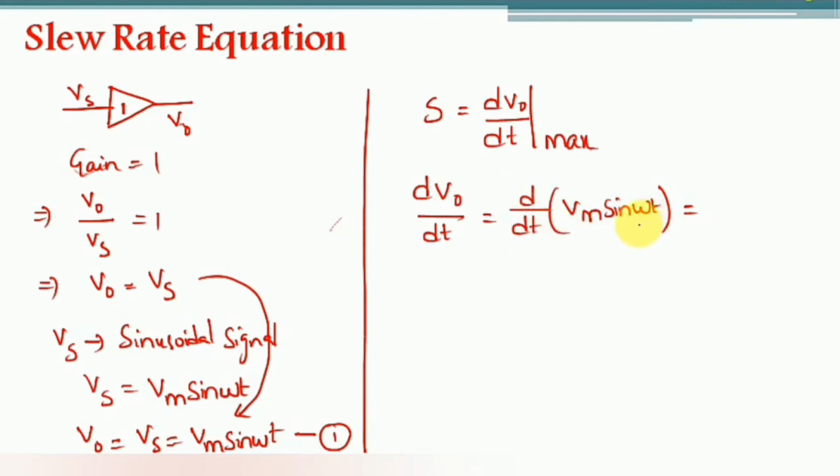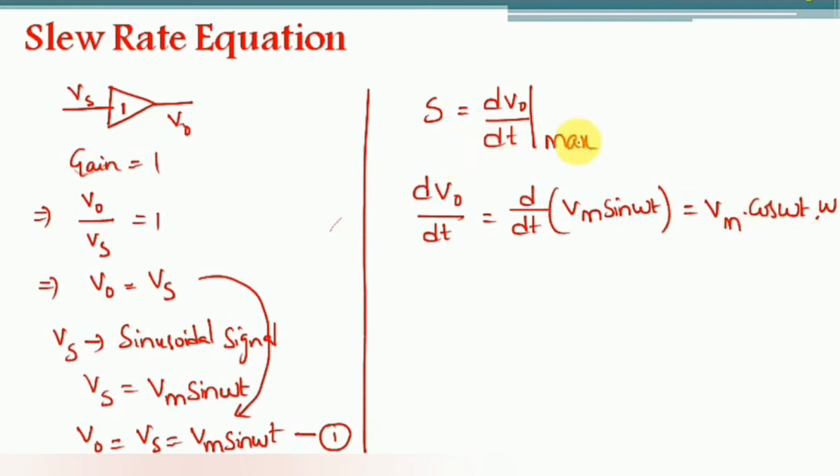We know that the derivative of sin x is cos x, and the derivative of sin ax is a into cos ax. So from this definition, the derivative of sin omega t is cos omega t, and the derivative of omega t is omega. So this is the value of dV0 by dt.